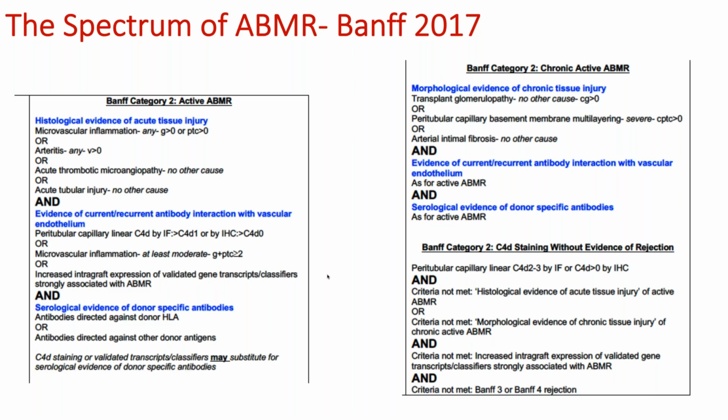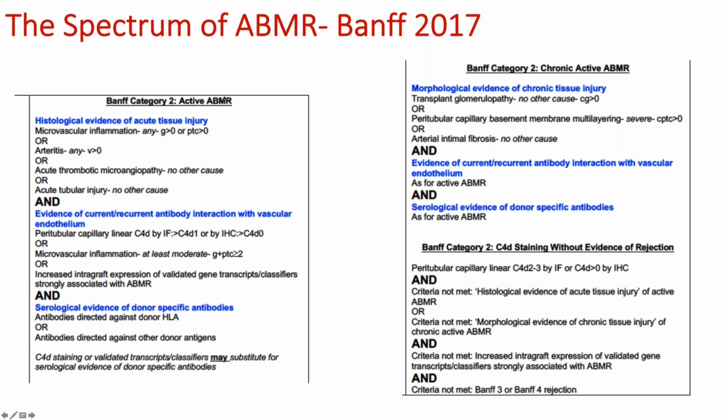So if we try to conceptualize antibody-mediated injury to the kidney allograft as a continuous process, and depending on the severity and the strength of the antibody, you have an acute presentation, which becomes a classical acute AMR, or a chronic presentation, then it will be easy to appreciate the current Banff modification, where they have removed the word acute.